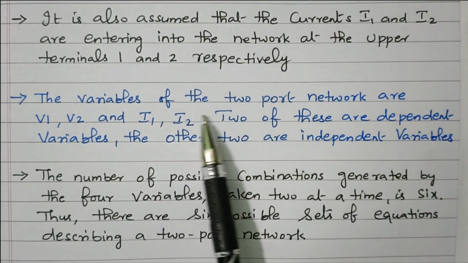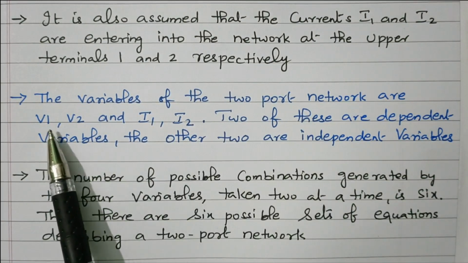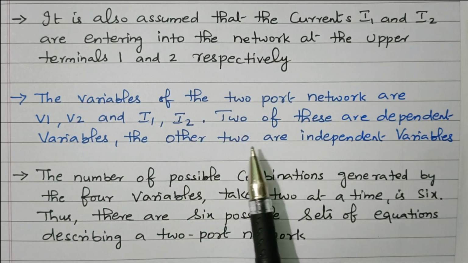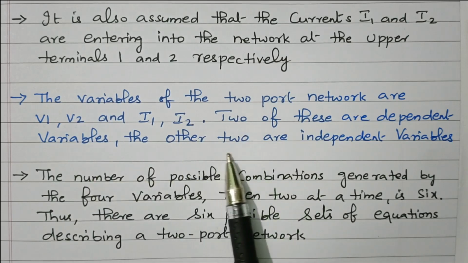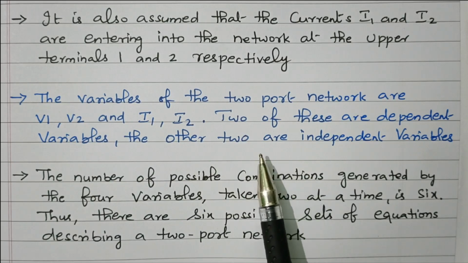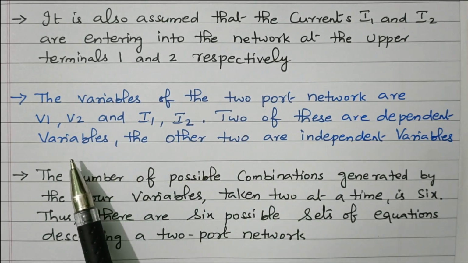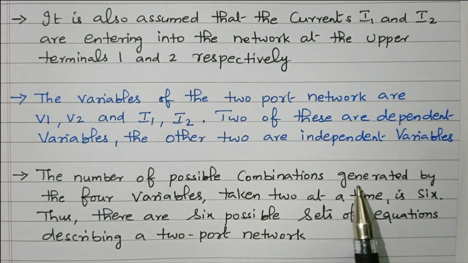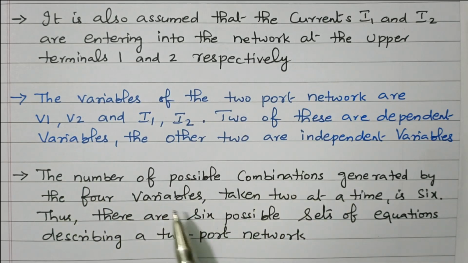The variables of the two-port network are V1, V2 and I1, I2. Two of these are dependent variables and the other two are independent variables. The number of possible combinations generated by the four variables taken two at a time is 6.